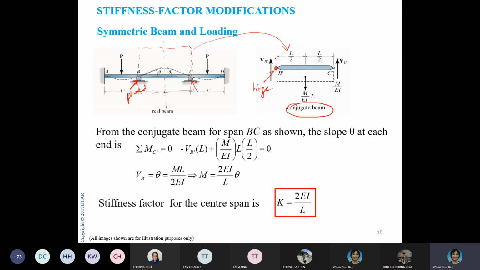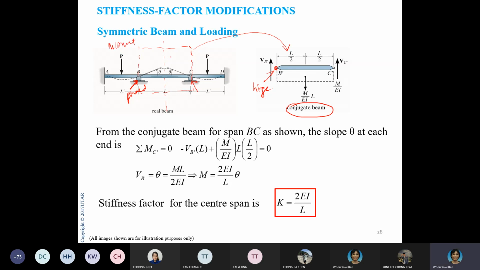So if they are hinged, then you know your moment here is 0, right? So when the moment is 0, that means you only have the shear forces on both sides. And of course, don't forget your load, because from the real beam you should be able to establish the moment in this beam.